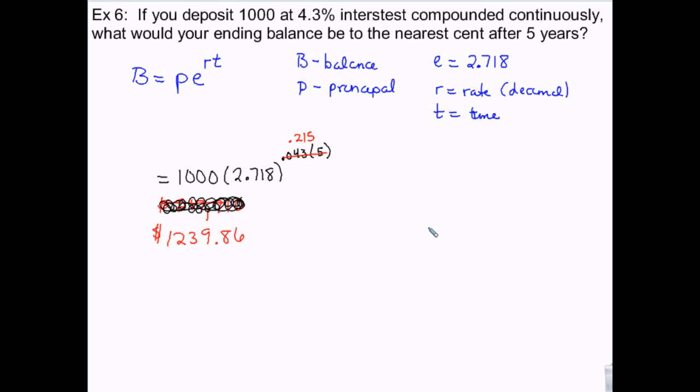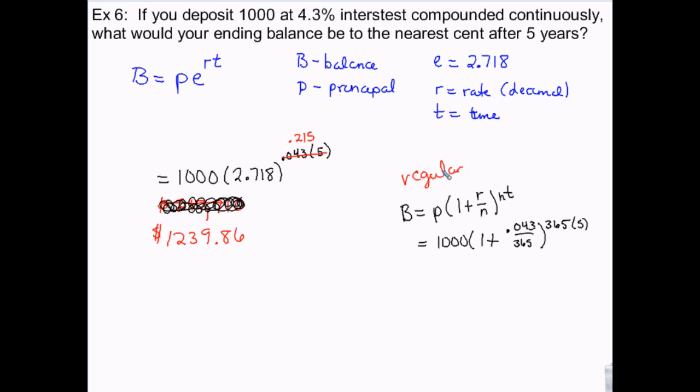You would think that continuous compounding would give you so much more money, right? Because it's infinite compounding. But if we do the normal, and we'll do every day, this is regular compounding, not continuous.